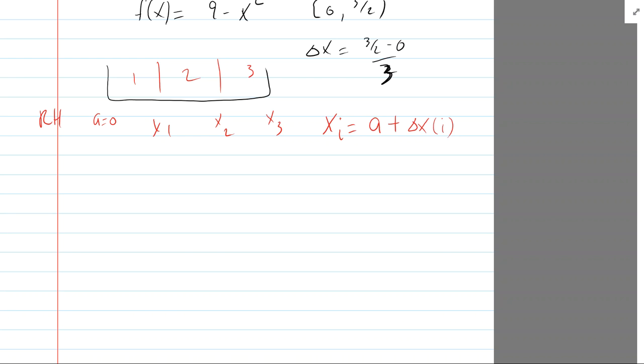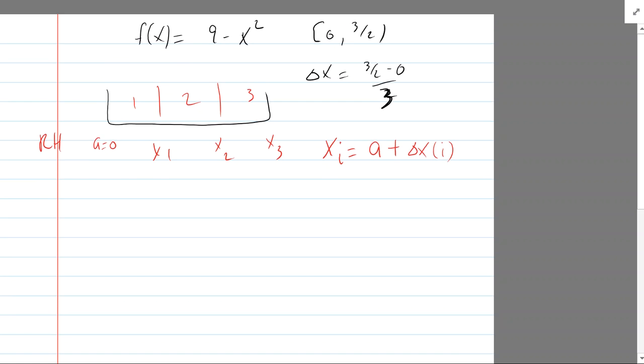Yep. To get the second x, is it a plus 2 delta x's? And for the third, is it a plus 3 delta x's? So is this a generic formula that's going to give me how to find x based on the iterations and our delta x? That's going to go in that formula.